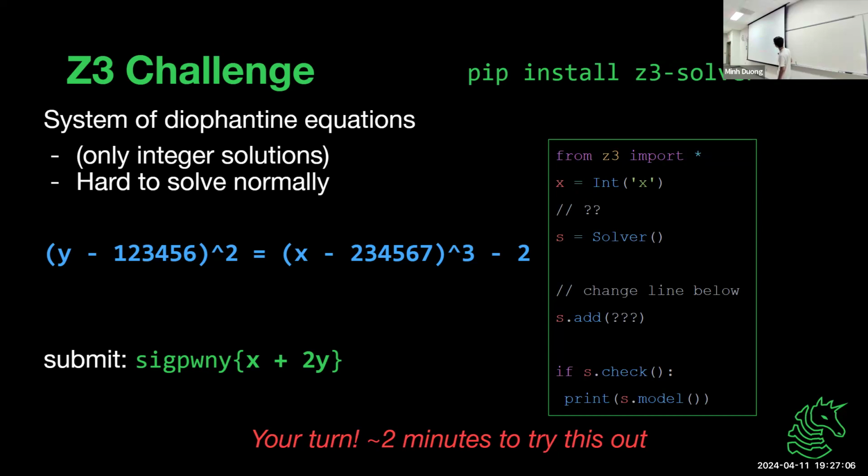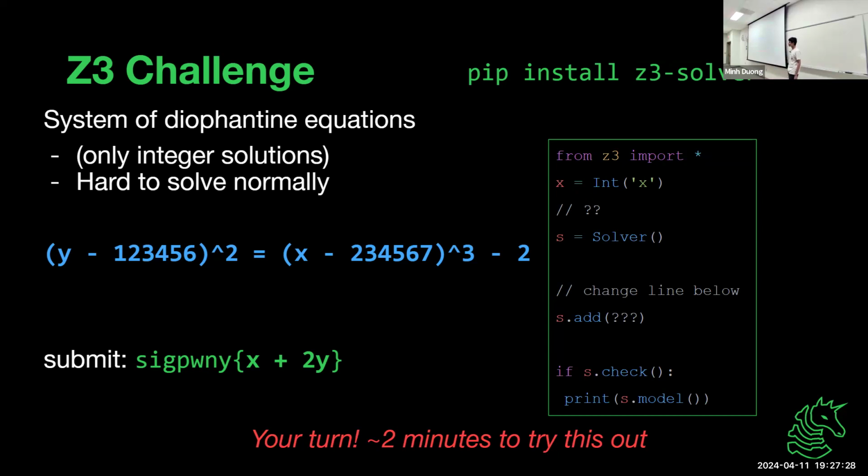You declare x, something else that you need to do, and then you add some constraints, and the flag is the value of x plus 2 times the value of y.